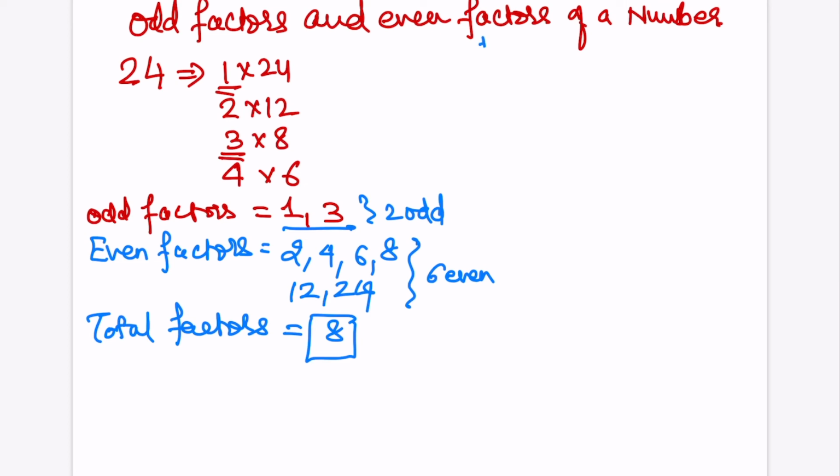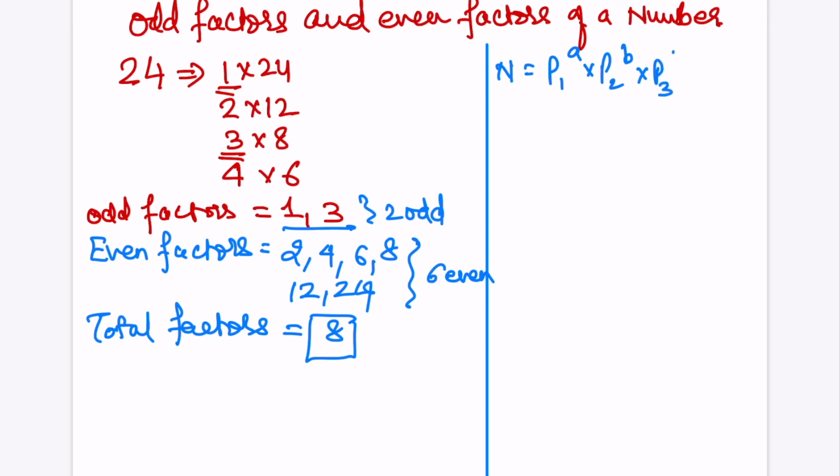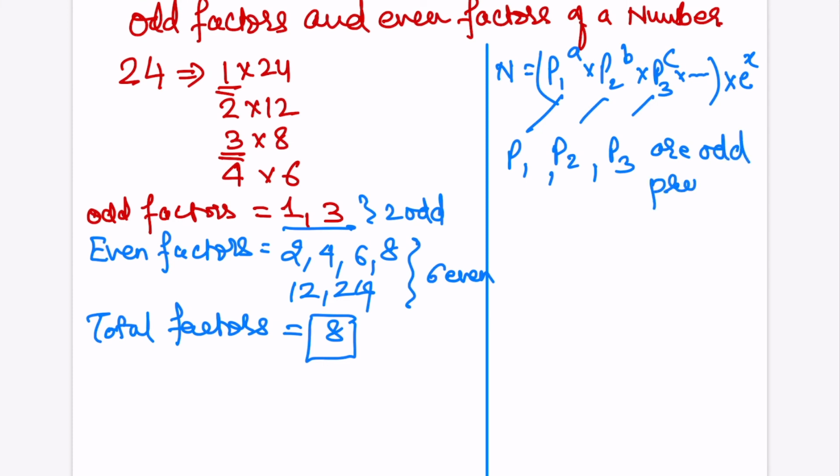Now the formula which we have used to calculate 8 orally is again n is equal to p1 power a into p2 power b into p3 power c into e power x, where this p1, p2, p3 are odd primes and e is even prime.